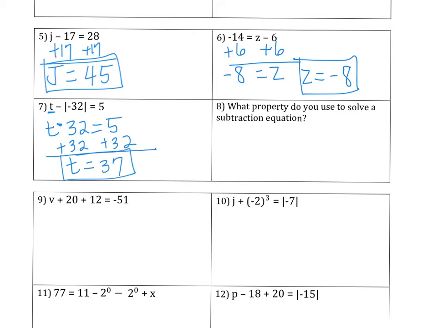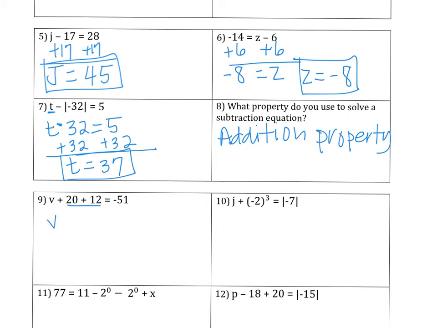What property do you use to solve a subtraction equation? So if it's a subtraction equation, we do the opposite. So it is the addition property. Number 9, our variable is v, so we want to simplify this.